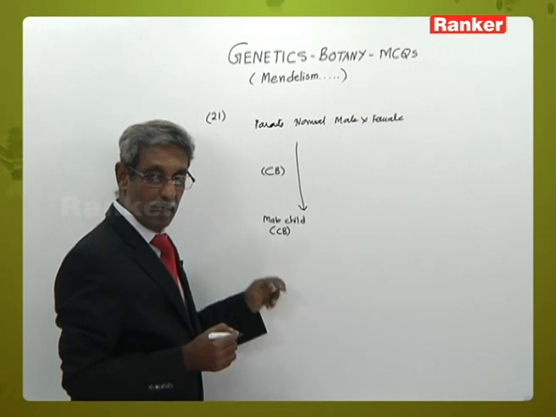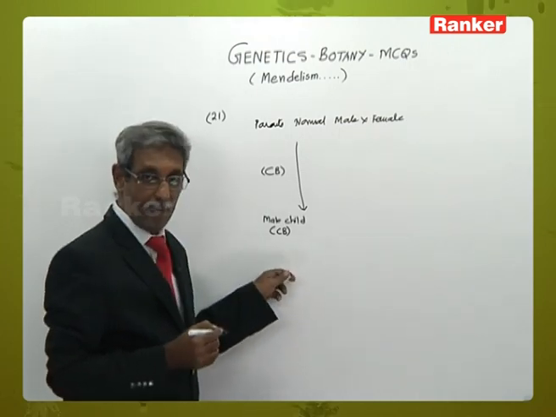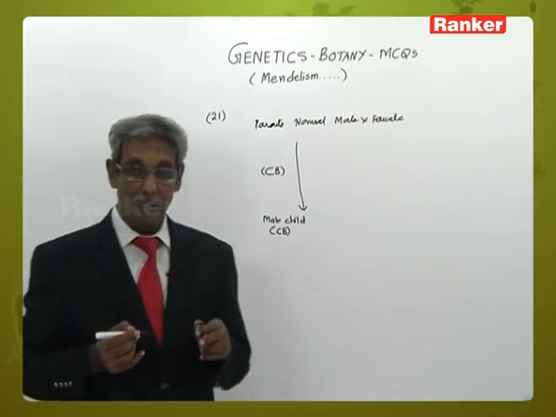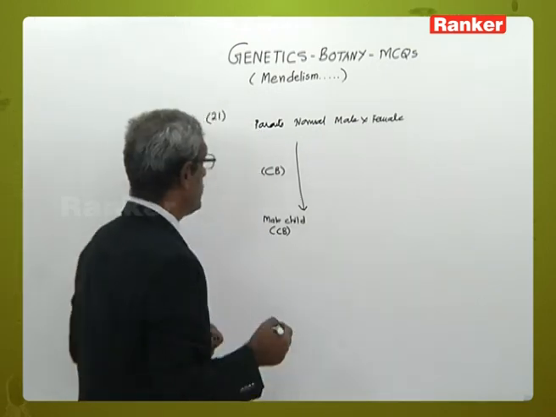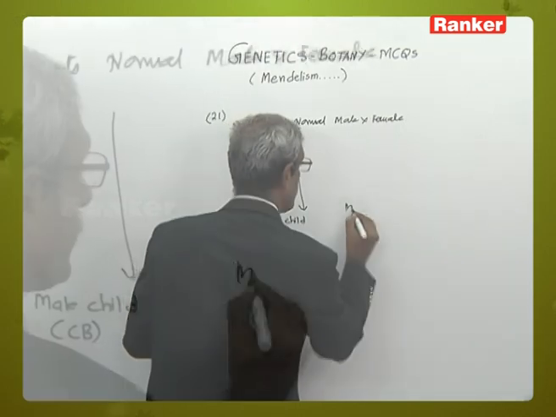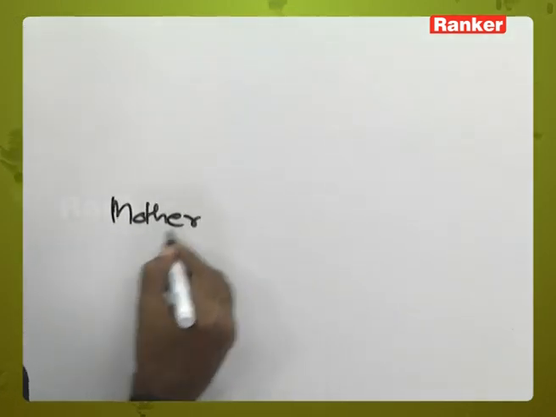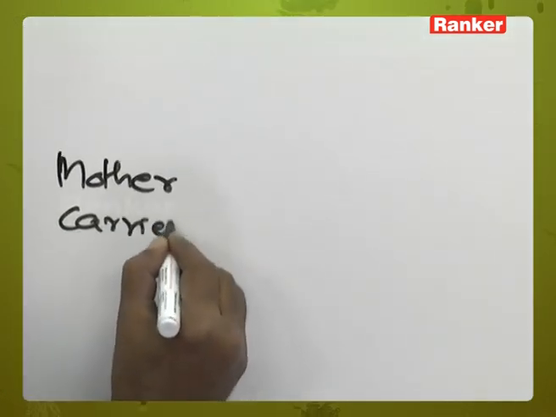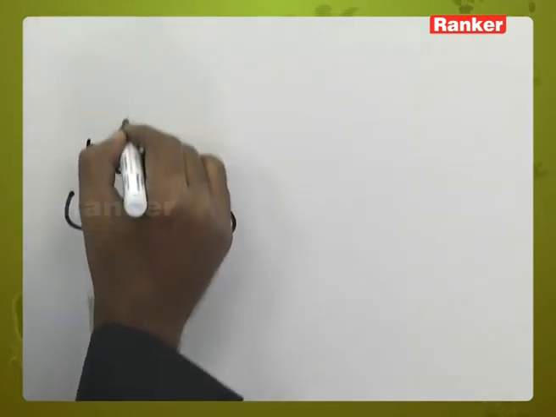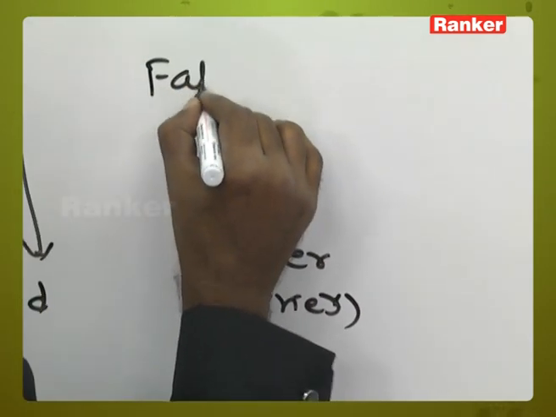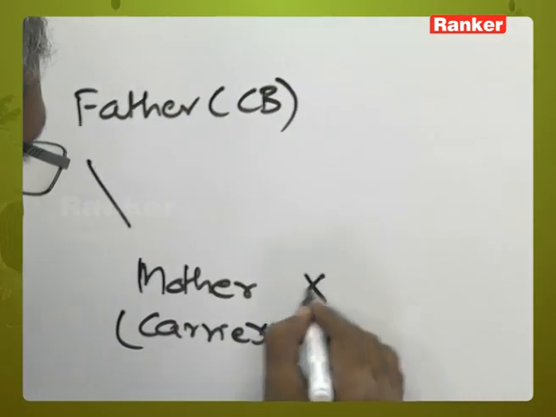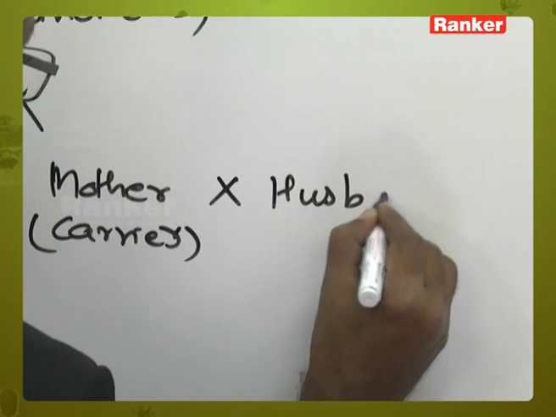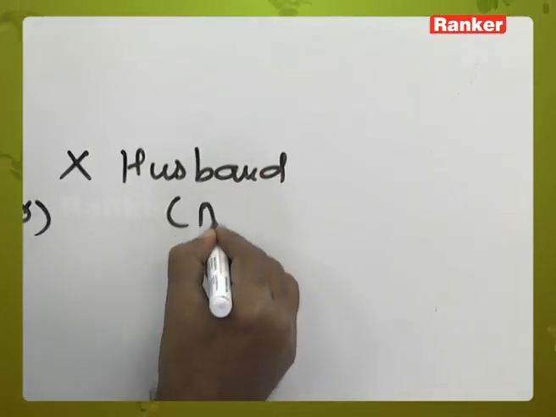The chances of the male child being colorblind is only when the mother's father is colorblind. The mother would always be a carrier, and the mother's father would be colorblind because her husband is normal.